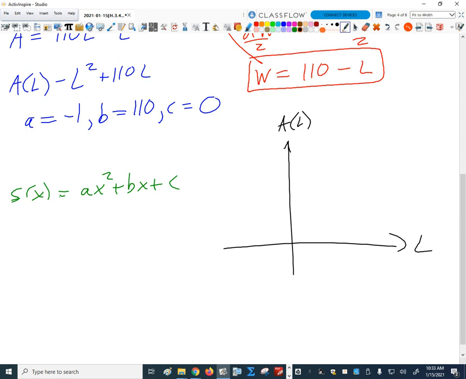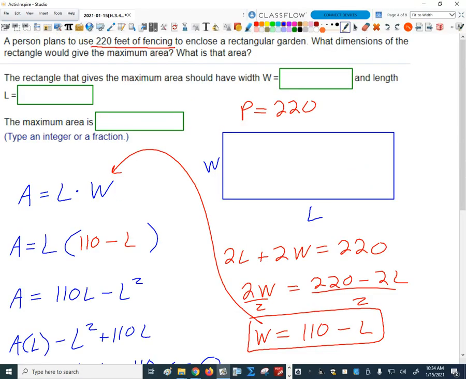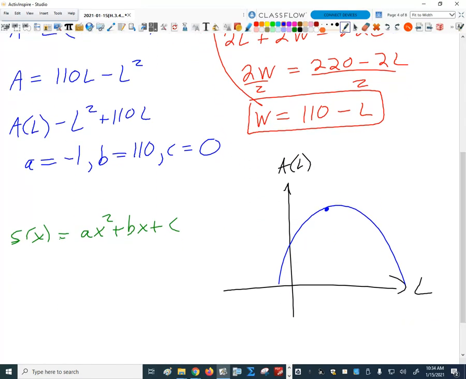And we already know, based on the parameters, Kendall told us that this is going to open down. And so we're going to have some vertex somewhere. Who knows? I'm not trying to be specific right now, but I know this thing is going to open down, and I'm asked to find the maximum area. Well, Kendall, where's that going to occur on my function?